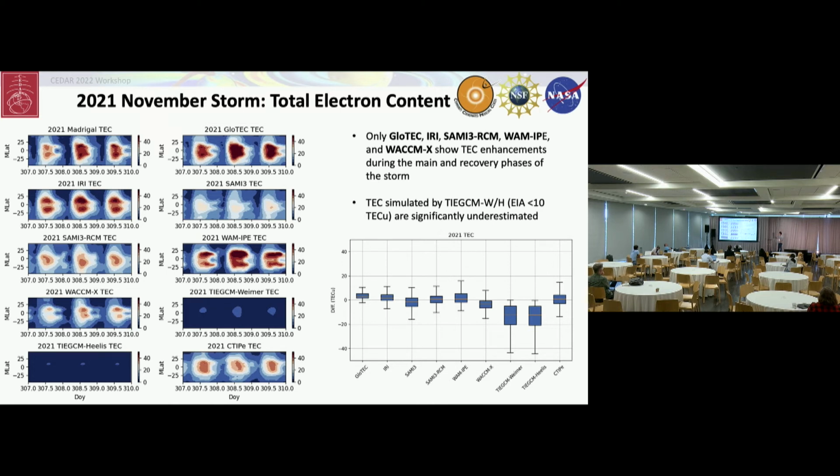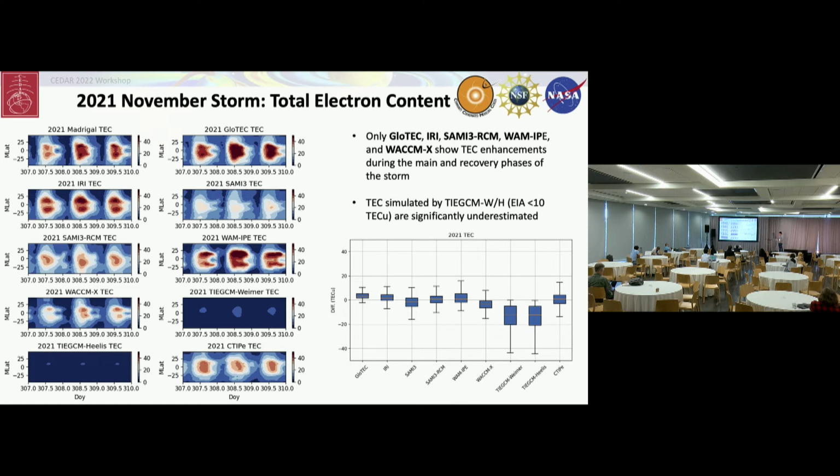So, okay, if you check the overall statistics result, you can see that for most of the models, the median value is quite close to 0. It shows that the TIEGCM value is too small compared with observations. And overall, you can also find that the GROTEC and the IRI show relatively accurate results compared with the GNSS Madrigal TEC observations.